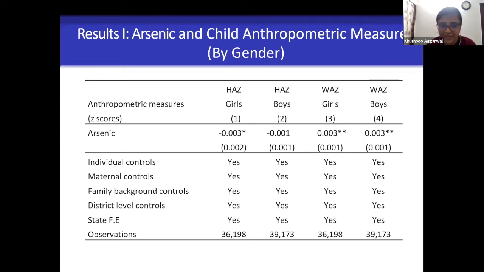So here, when we run the regression separately for girls and boys, we find that an increase in the level of arsenic by 1 unit would lead to a decrease in height for age by 0.003 standard deviation. Although the effect is small, it is significant as compared to boys. Now coming to weight for age, we don't find any difference across girls as well as boys.